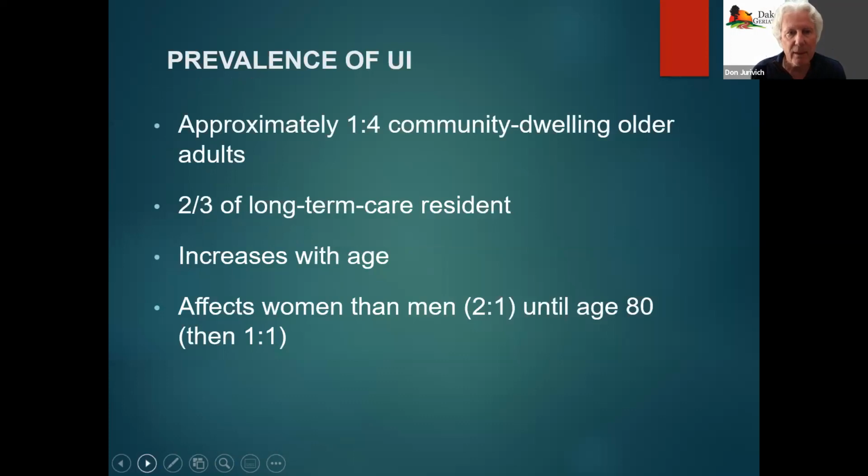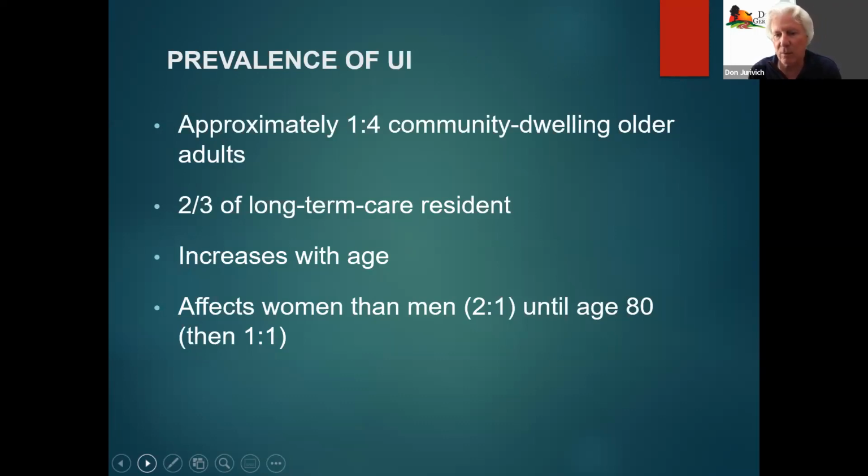Okay, so there's a lot of urinary incontinence out there in the community. So 25% have some form of urinary incontinence. That really bumps up considerably, where 2/3 of long-term care residents have some form of incontinence. Age in itself is a risk factor. There is a gender difference.